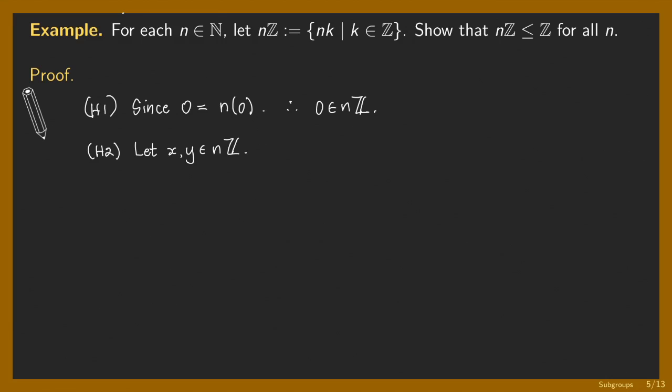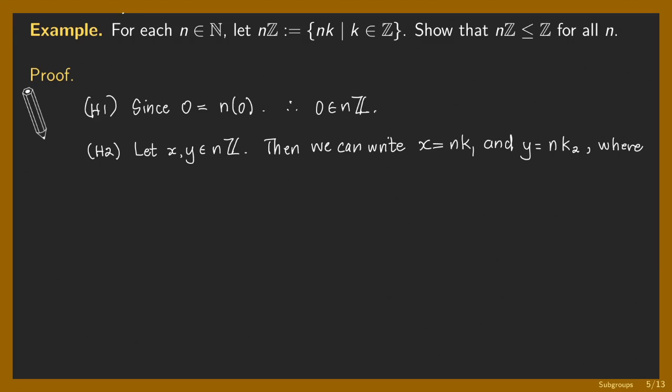Because x and y are in nZ and the elements of nZ are of this form, we can write x as nk1. I put a subscript 1 because I have another element. And y as nk2. Here n is fixed, and k is the one that varies.